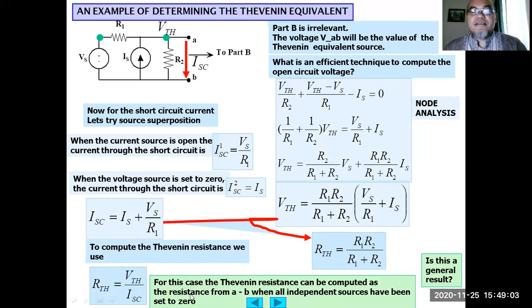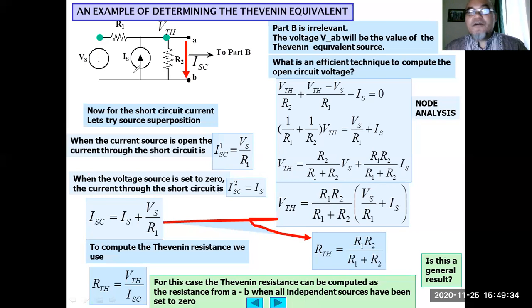So for this case, the Thevenin resistance can be computed as the resistance from A to B when all independent sources have been set to 0. Later we will see in the example, this is one of the short ways to calculate RTH.